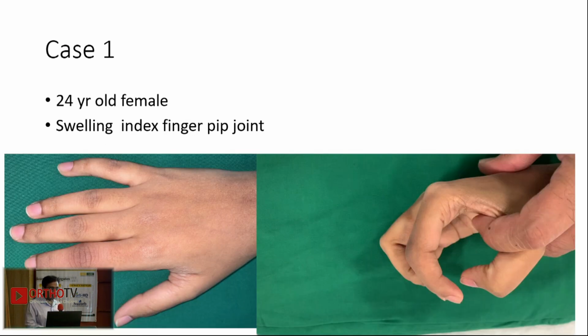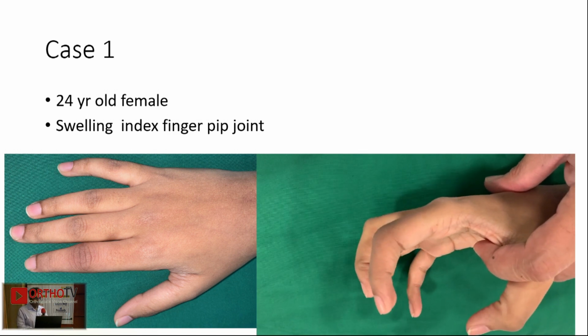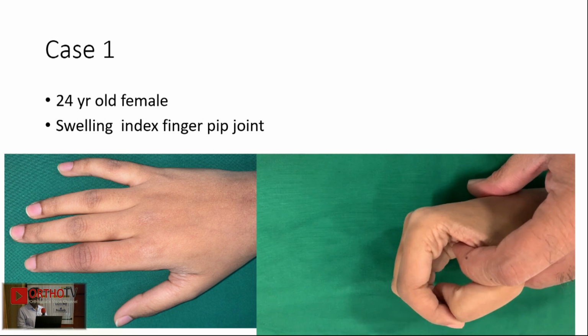I'll discuss three cases. This is a monoarticular inflammation of the index finger in a 24-year-old female, with swelling in the index finger, as we can see here. There is restricted range of movement in the finger.